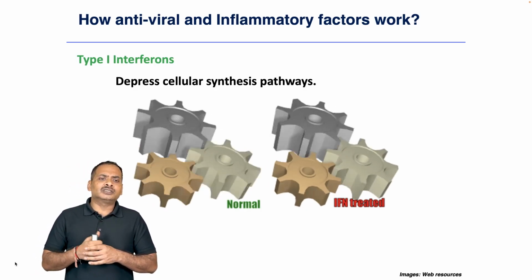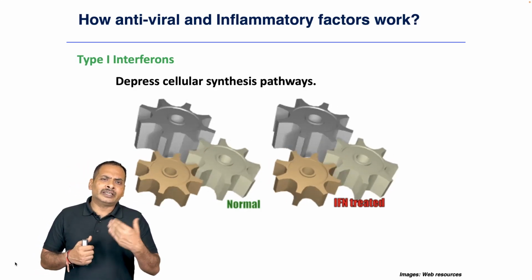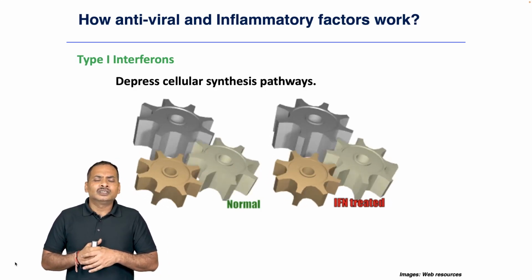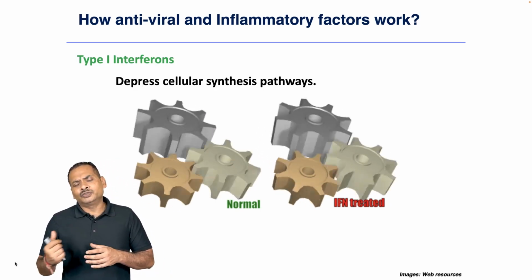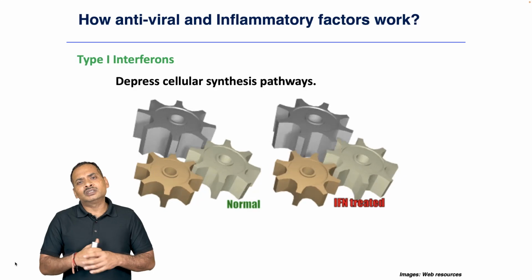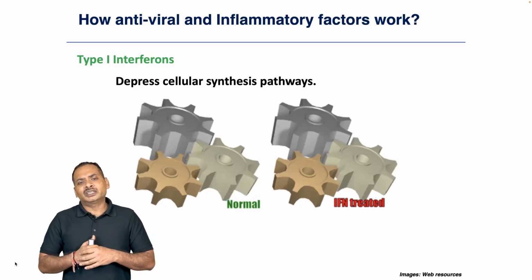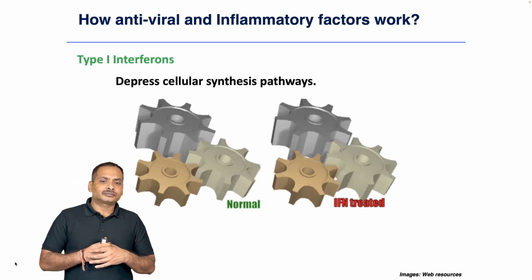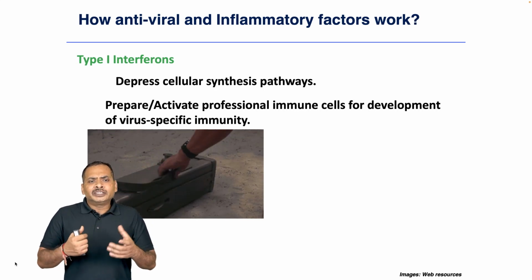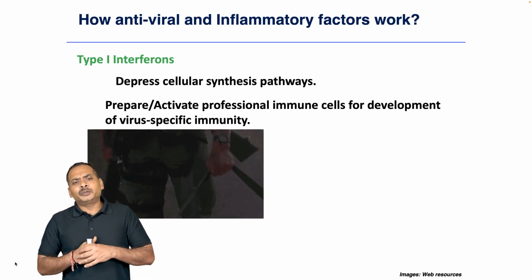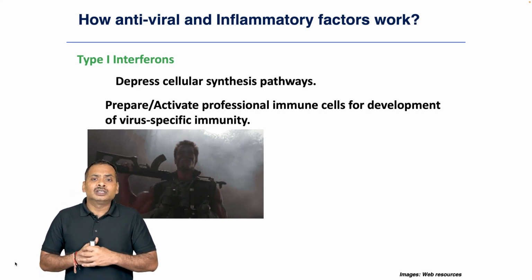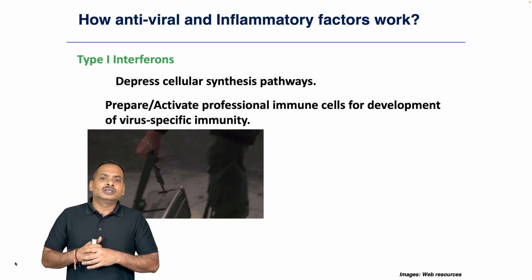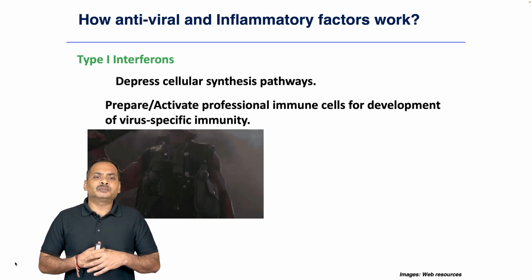As you have seen, there is elongation factor 2. If you treat the cells with interferon, then it will depress the metabolic activity in the cell. It also prepares and activates the professional immune cells for the development of virus specific immunity.